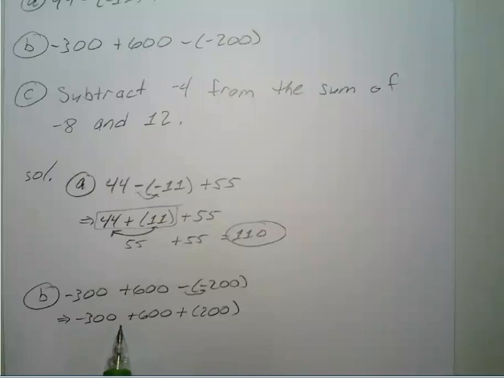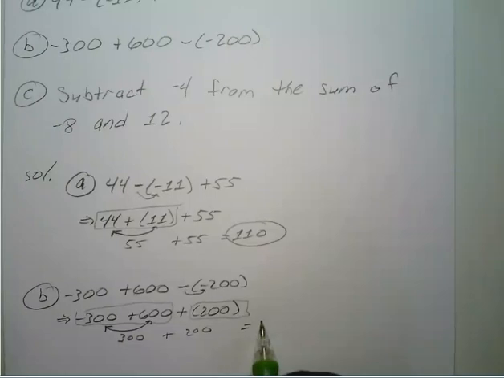Okay, so if we go ahead and add these two together, negative 300 plus 600 is positive 300. So these two together gives us positive 300 plus, this is just 200 here, which gives us 500.